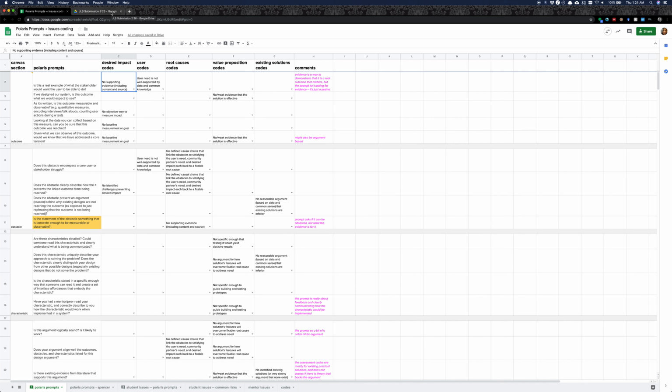I did this coding task, and then Spencer, one of my co-authors on the other work, conducted the coding task as well independently, and we exchanged notes and had a meeting to discuss what discrepancies we saw in applying these codes to the Polaris prompts. And the high-level takeaway that we had, as a caveat, I do still need to look at explicitly what were the differences that he and I had in the way in which we coded.